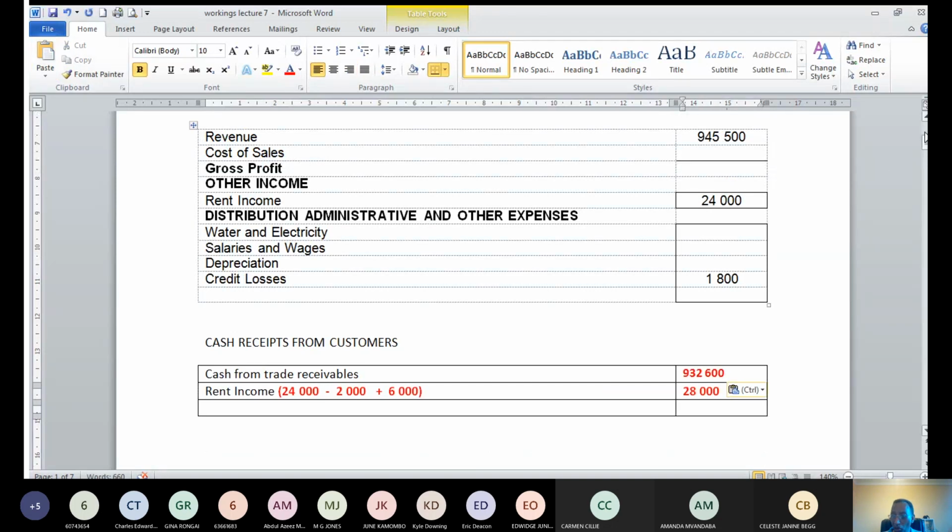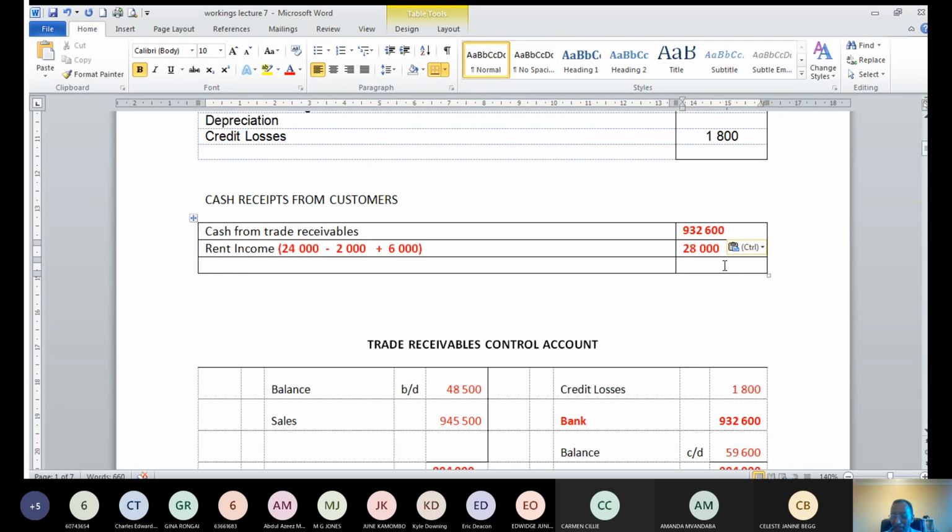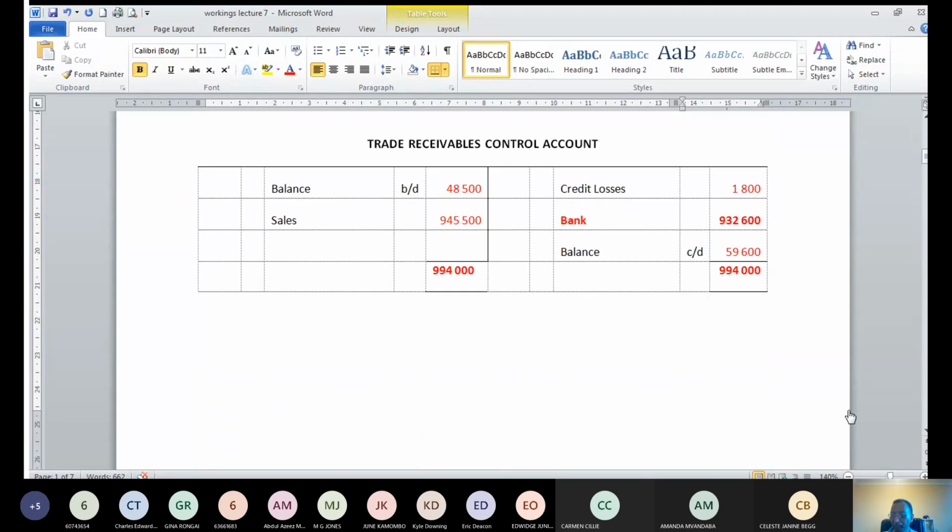So if you want to calculate the cash receipts from customers, remember we are now busy with note number 1 in our cash flow statement, it will be the 932,600 plus the 28,000 Rand, and we have received in total the amount then of 960,600 Rand, and that will give you the answer for note number 1, which is the cash received from customers.